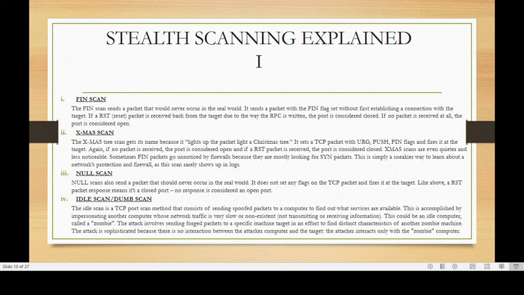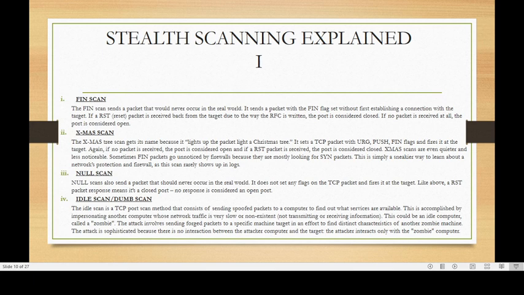We have the idle scan. The idle scan is known as the dumb scan, a TCP port scan method that consists of sending spoofed packets to the computer to find what services are available. This is achieved by impersonating a zombie, another computer whose network traffic is very slow or non-existent, as in not transmitting or receiving information.